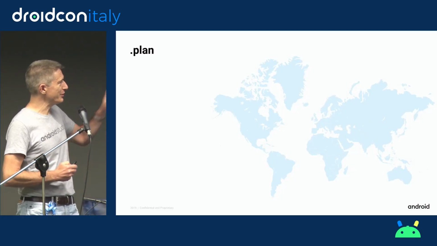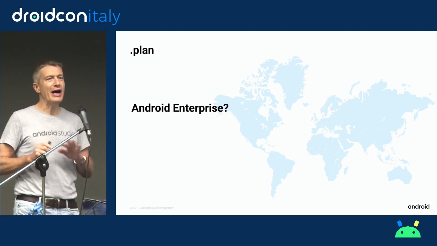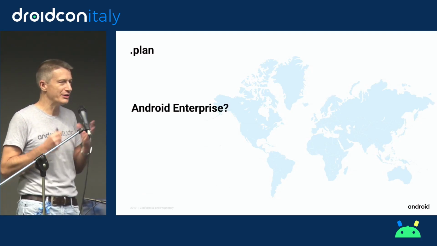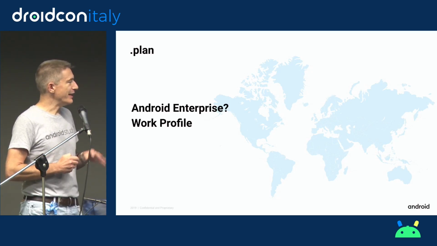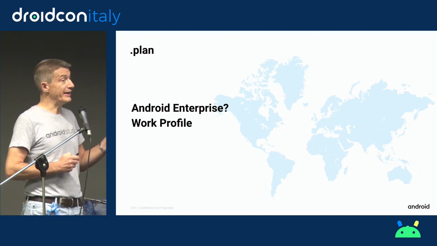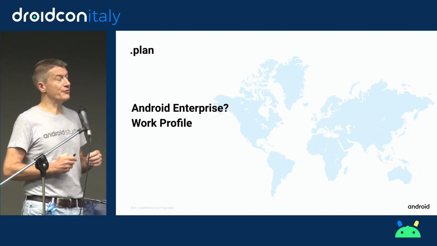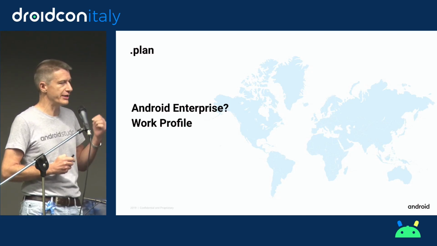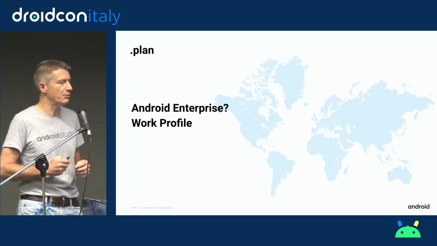This is why I put together this plan. First of all, I'm going to explain what I mean by Android Enterprise. Then we are going to go into the meat, the APIs, explaining what a work profile is and how an application can improve the experience for the user when there is a work profile available.